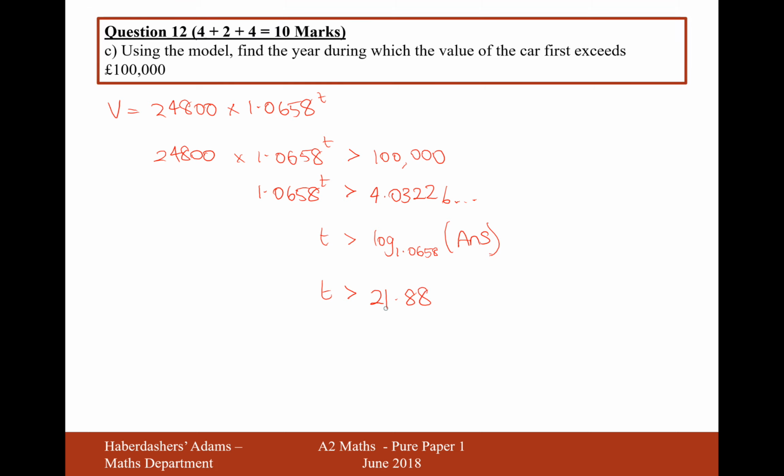So that means it's going to be in the 22nd year, which is going to be in 2022, because it's towards the end of 2022 that the car is going to be worth over 100,000. So there we are, that's the answer to this question then.